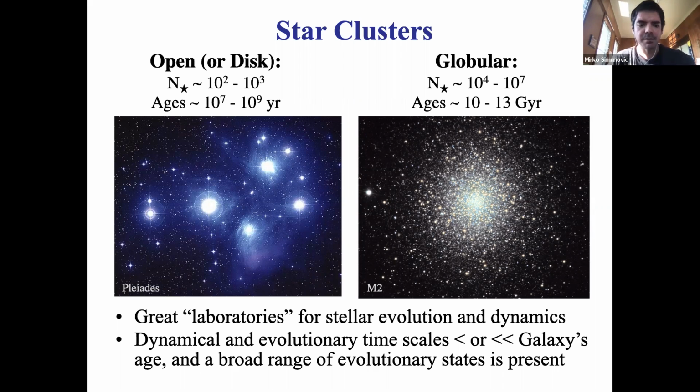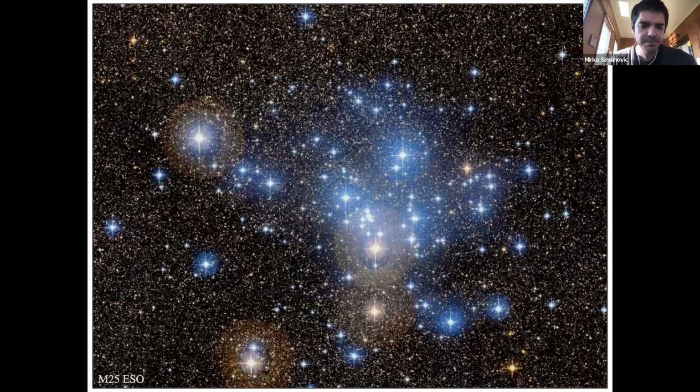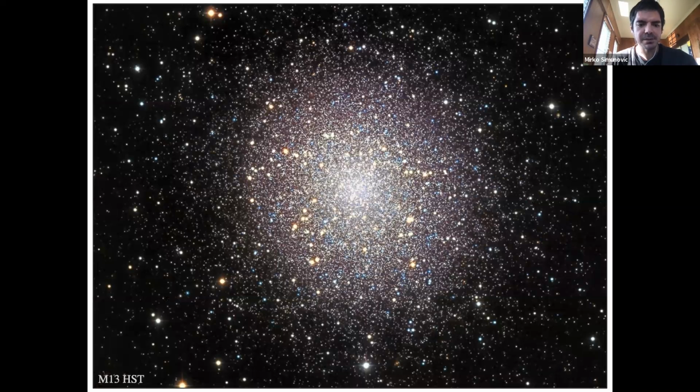And here is an example of an open cluster. This is M25, and this is an example of a globular cluster taken with the Hubble Space Telescope. This is Messier 13. So the way that these clusters form is very important, because they are born from the same molecular cloud. That's the reason why they are so important.